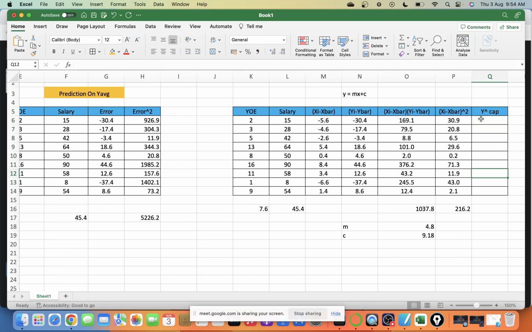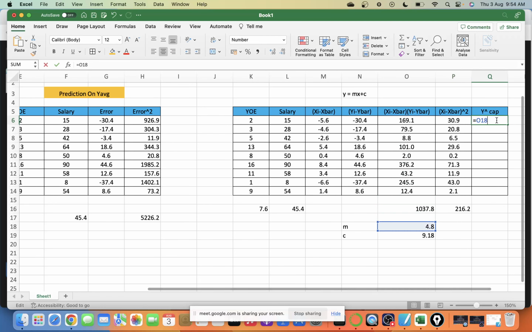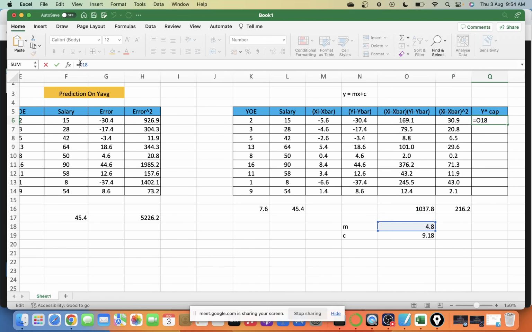Okay. So now we'll have the formula like mx plus c. Let me put it into the bracket. m into x, right? Where is x?